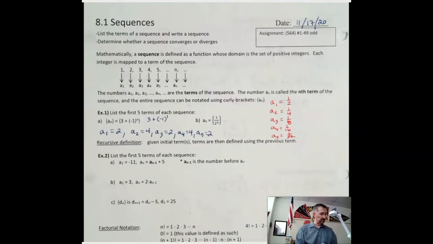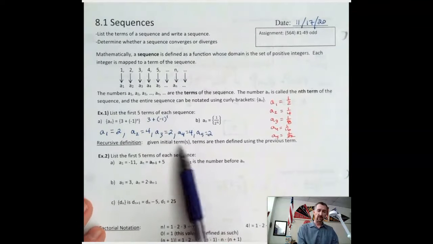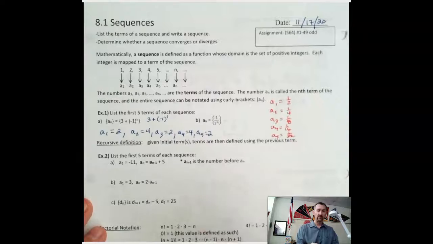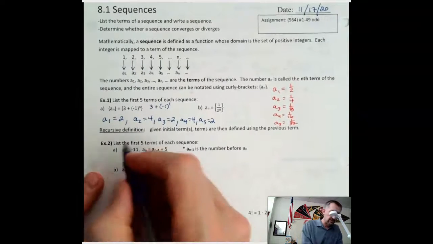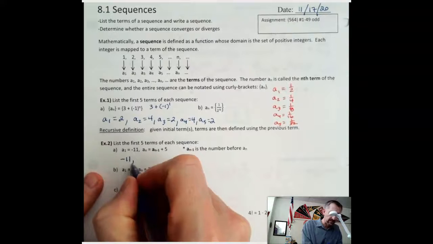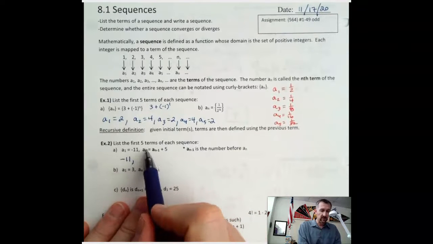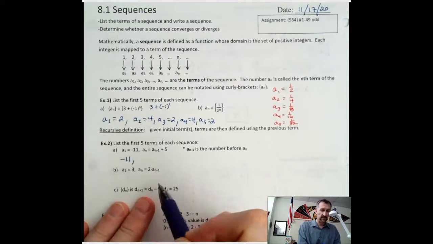Now, a recursive definition is where you're given the initial term and then each term is defined by the term before it. So what this is telling us is that our first term is negative 11, and then any term is equal to the term before it plus 5.